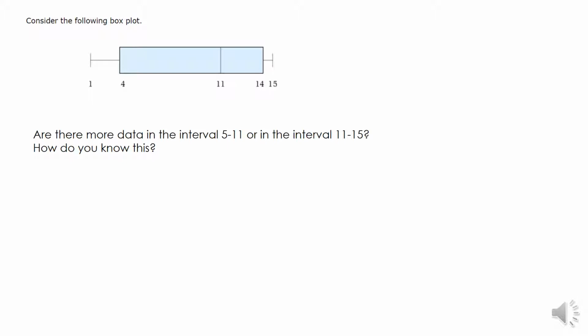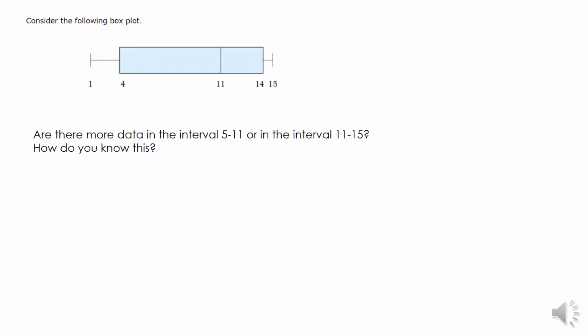I told you earlier that it would be important to pay attention to the words that they use in these questions. It says, are there more data in the interval 5 to 11 or in the interval 11 to 15? We're no longer talking about quarters.